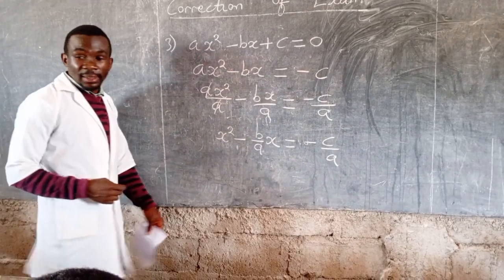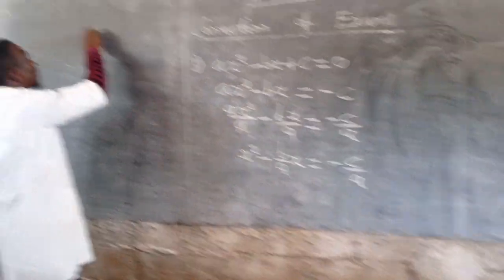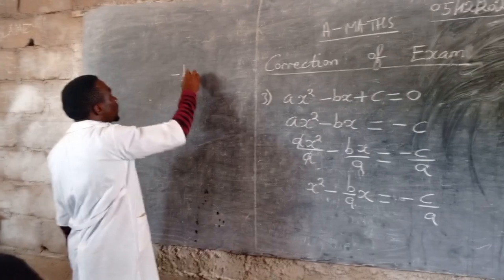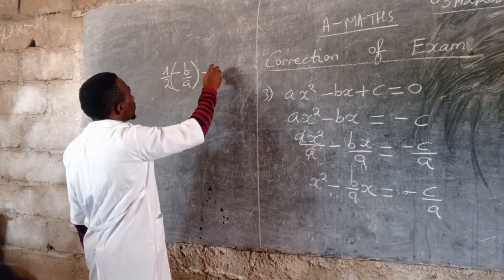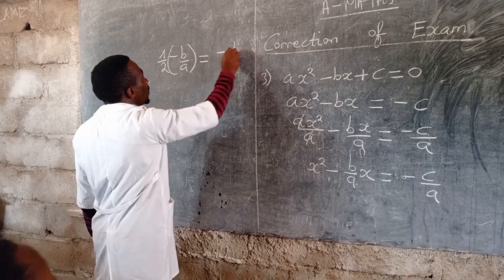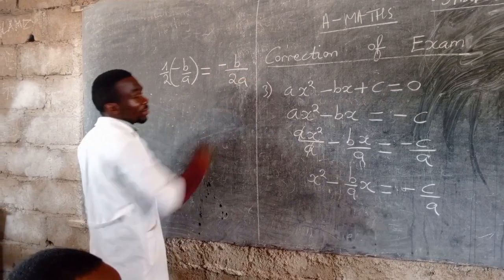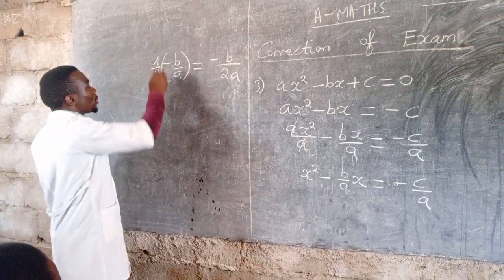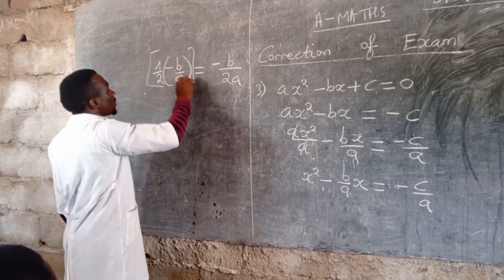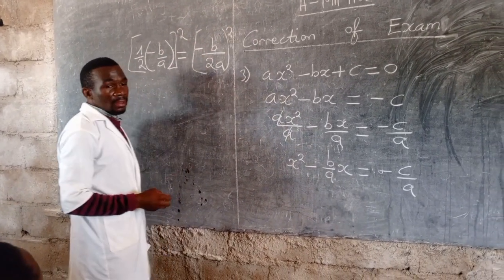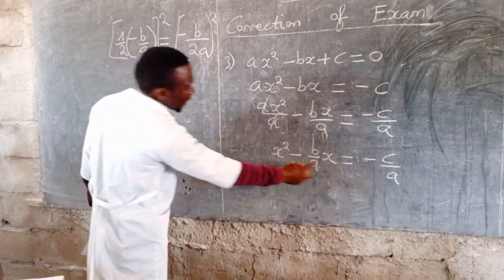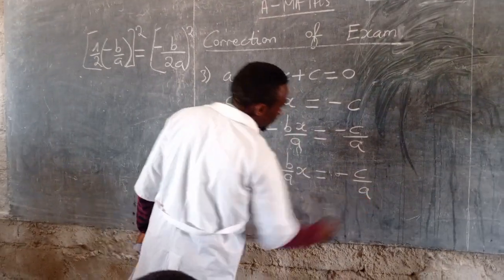You take note of the negative sign. Half of it gives us negative b all over 2a. We are going to square this, and this is what we are going to add at the left hand side and at the right hand side.